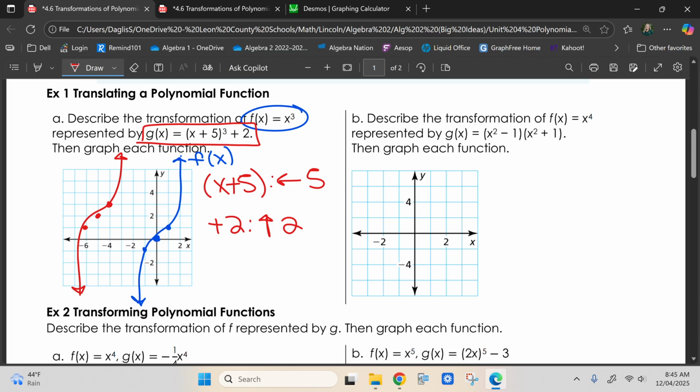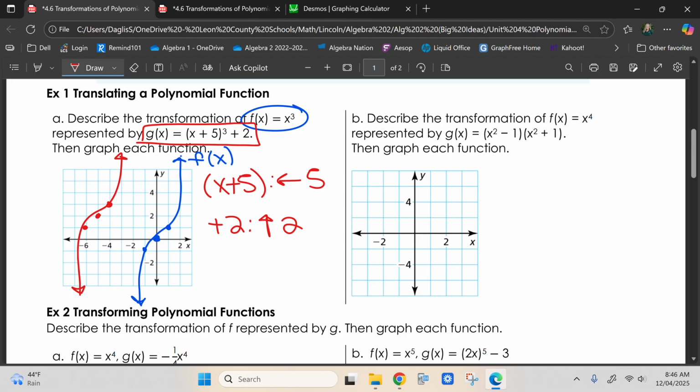Is this familiar? Do you remember doing this? It's just new functions that we're working with. My next one is the one that has a little bit more explaining to do. You haven't seen something like the next problem.